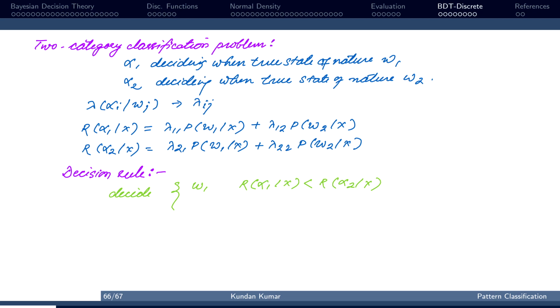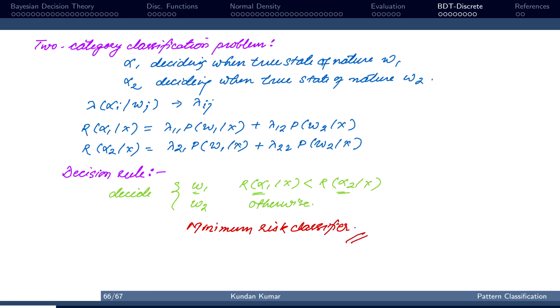So here we will take the decision in favor of omega 1 if the risk of class 1 is less than the risk of class 2, otherwise omega 2. Okay, and this is called the minimum risk classifier. This decision rule is for the minimum risk classifier.